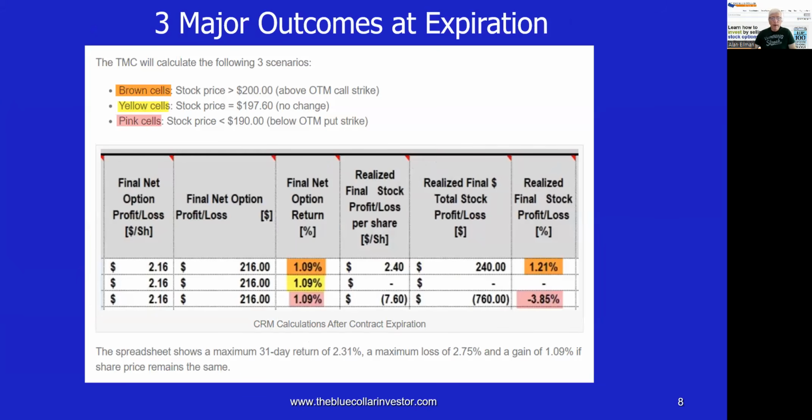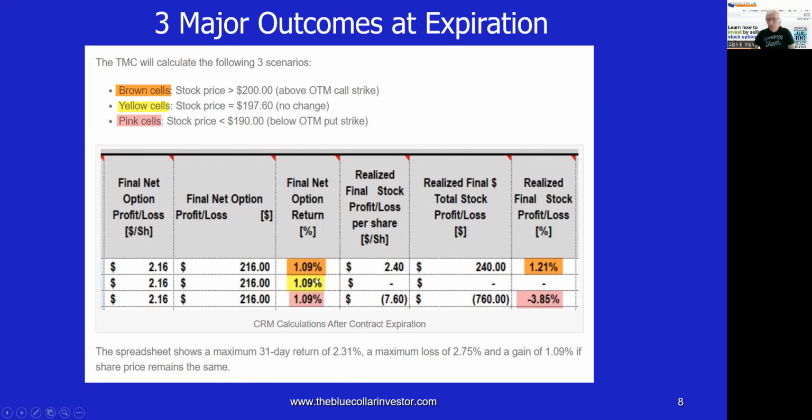Now, what are the three major outcomes at expiration? Well, the brown cells show if the stock price moves beyond the 200 strike, above that out of the money call strike, we will have generated an additional 1.21% on the stock side, in addition to that 1.09% initial time value premium when we add the cost of the protective put into our actual time value return.